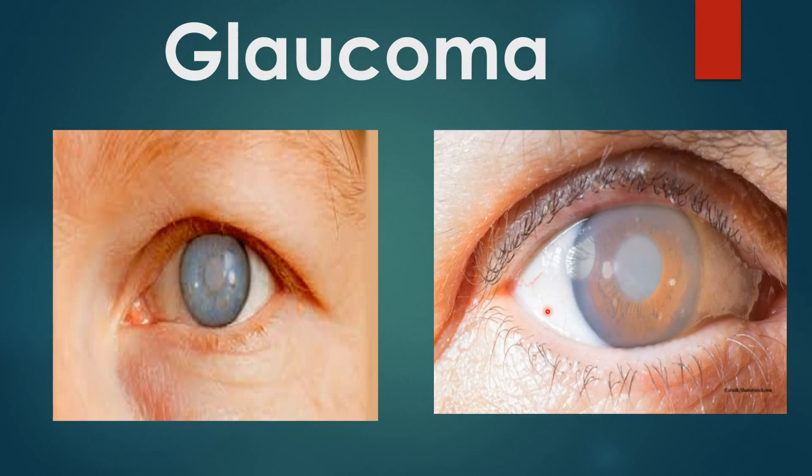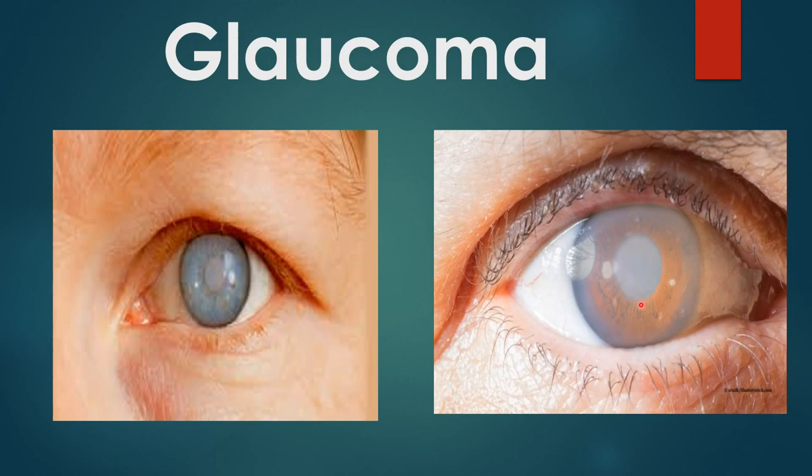Because of that, there will be elevated eye pressure due to a buildup of fluid. There is aqueous humor that flows inside your eyes. You can see this is the aqueous humor fluid.